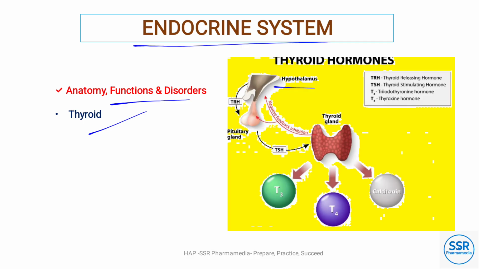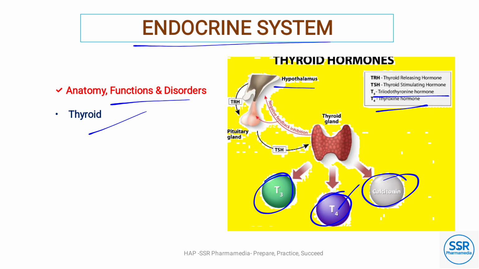It secretes three types of hormones: T3, T4 and calcitonin. T3 is triiodothyronine. T4 is thyroxine, that means tetraiodothyronine. TSH is thyroid stimulating hormone.